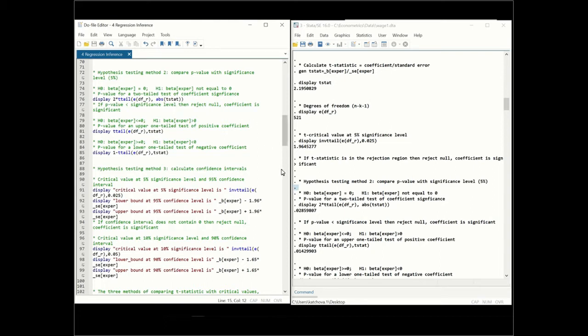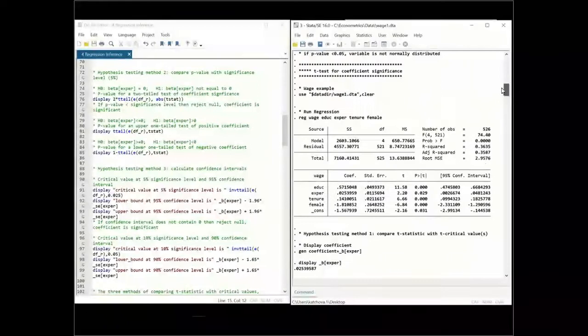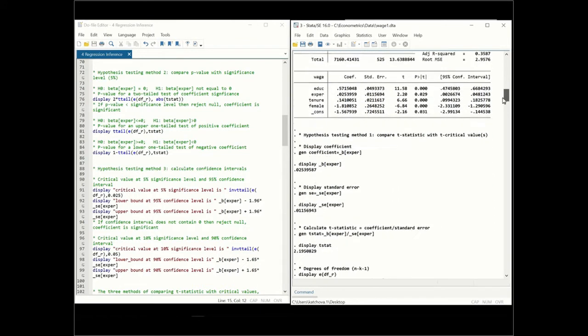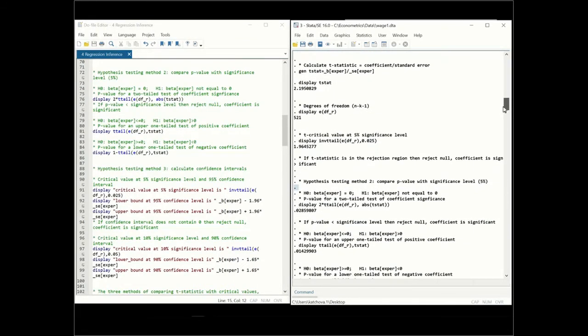If we calculate the p-value this way, we have 0.029. This is the p-value that we calculated by hand. If we scroll back up to the output, we would see that this is the p-value that is actually listed in the output. Same thing.